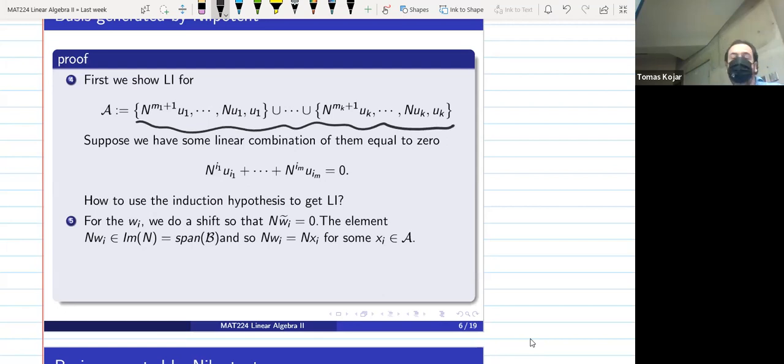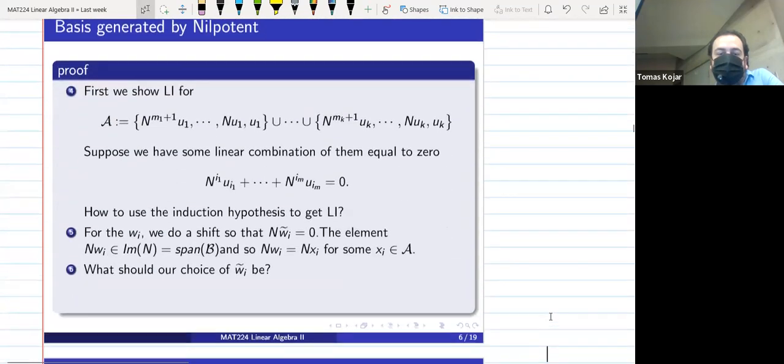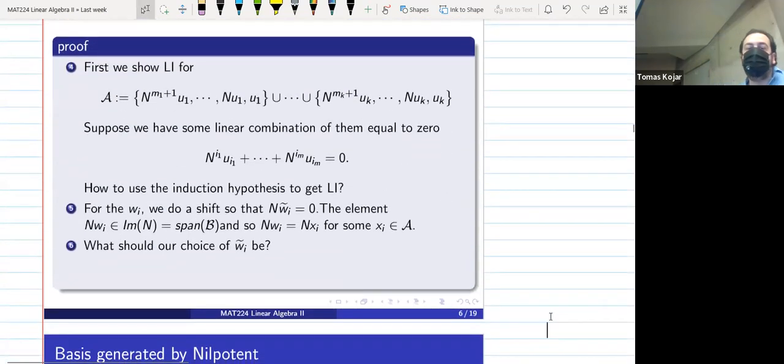Okay, we'll do this slowly. That's beautiful. And now I want to make a choice of a w_i prime such that when you take its N, it will be 0. What choice should I make based on this? It's very dirty.